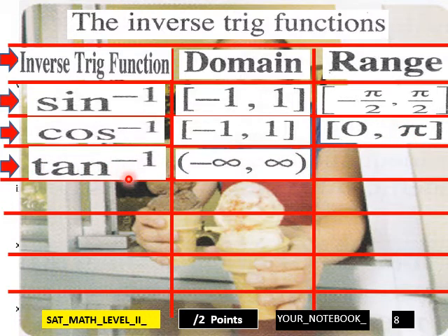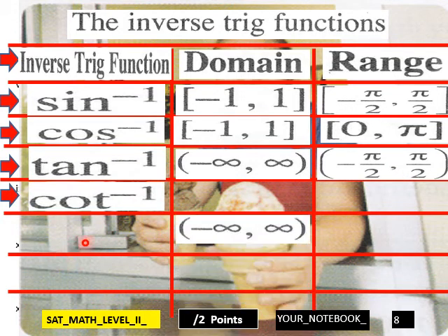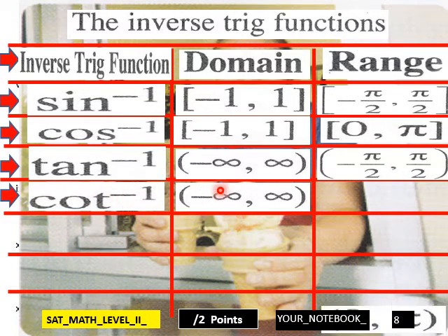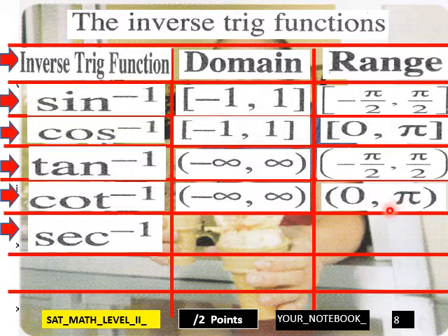And then the inverse tan would have domain negative infinity to infinity, and -pi/2 to pi/2 would be your range. And then the inverse cotan would be negative infinity to infinity, and your range would be 0 to pi.